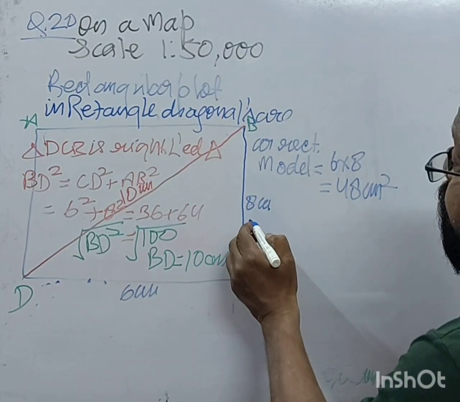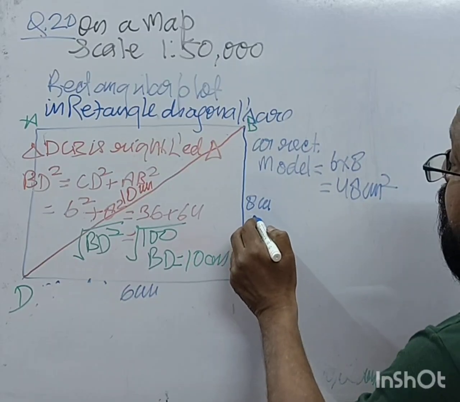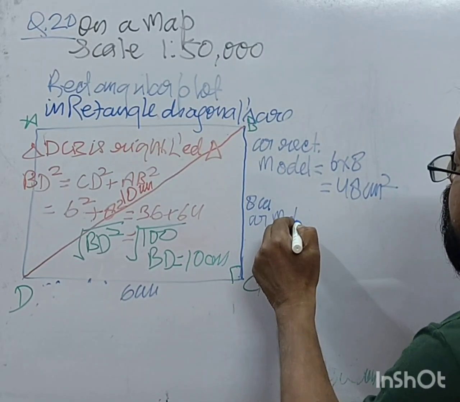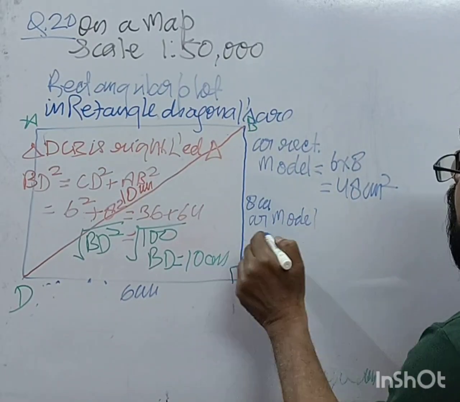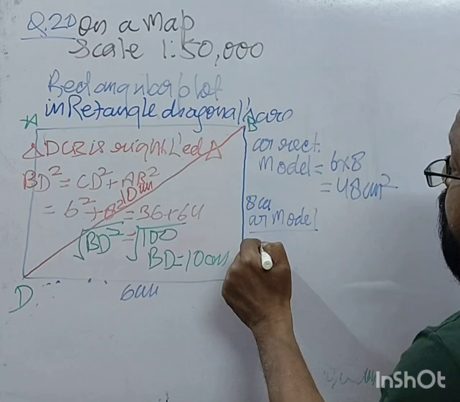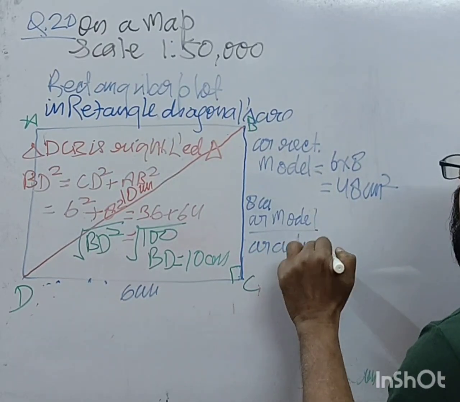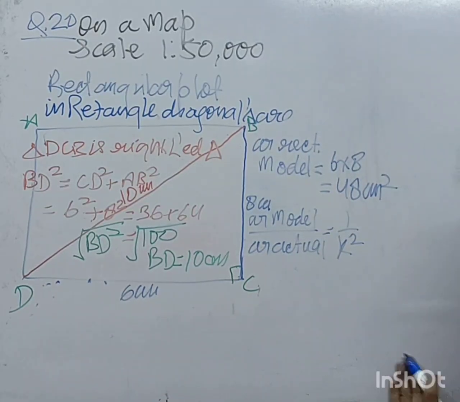So area model upon area actual is equal to 1 upon k square, right?